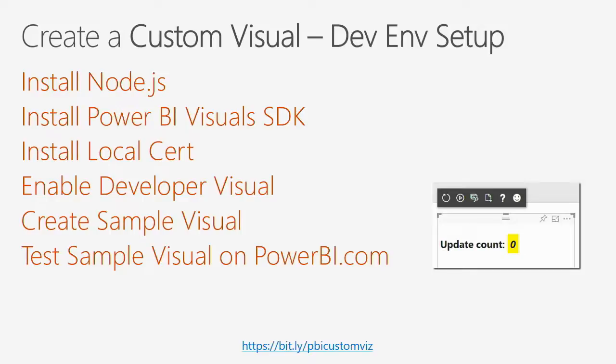Power BI reads from your local server, not the other way around. So when app.powerbi.com loads, it says I have a developer visual, I have a valid web server on the local machine, now I'm just going to serve the files from there. Can the port be changed? I haven't changed the port, but I think it can be. It's just code, so you can.